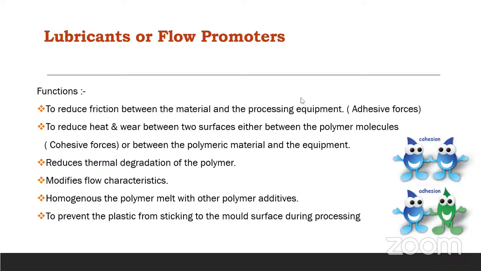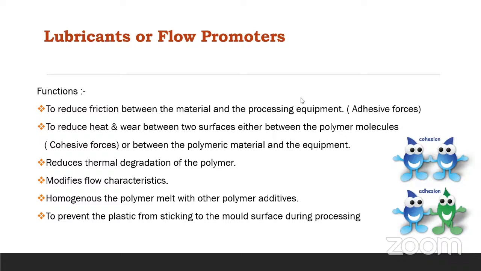Now if I talk about internal lubricant, there are different polymeric chain systems. The lubricant acts within the polymer matrix, among your different polymeric chains, which reduces the friction between your polymer molecules.